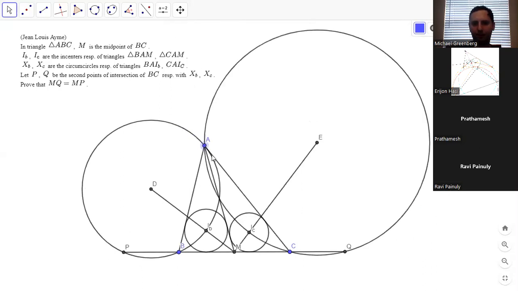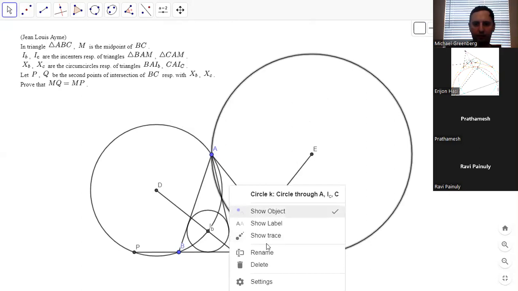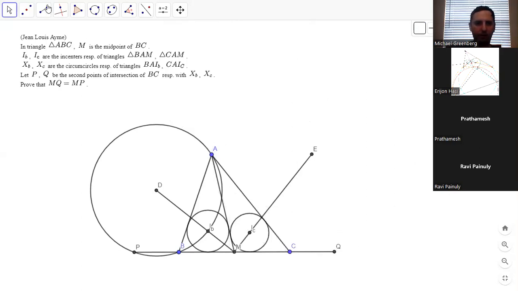Oh, this point right here? Okay. All right, I'm going to hide one of them because we don't know yet that they all meet.